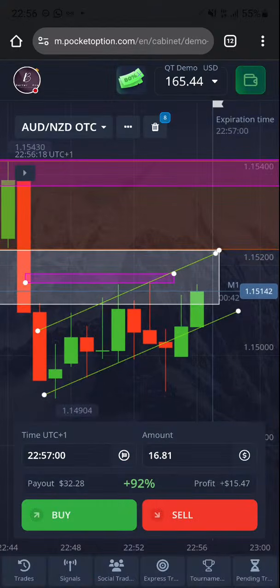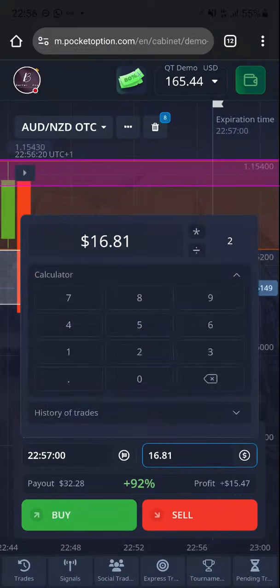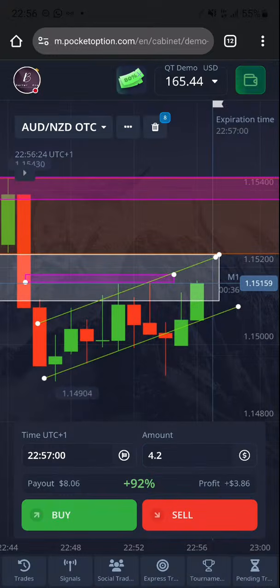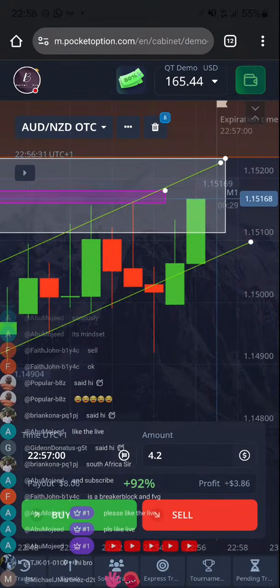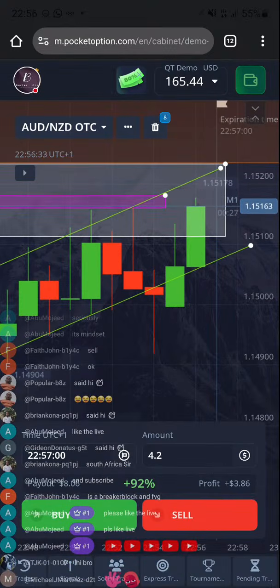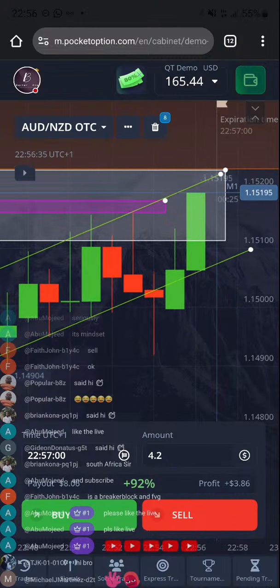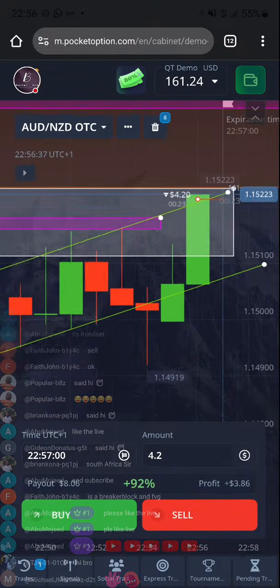And if you're getting in, let me reduce the amount for this trade. I just want to take one small because I have a feeling that the price will break to the upside. I'm waiting for that round number to take the trade. Yes, this is where I want to take the trade.